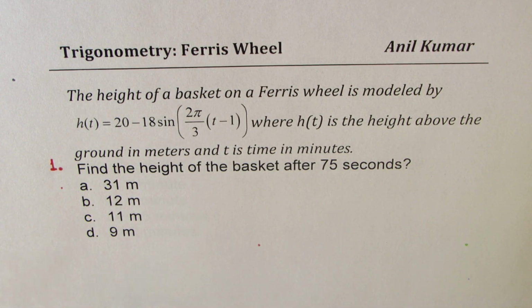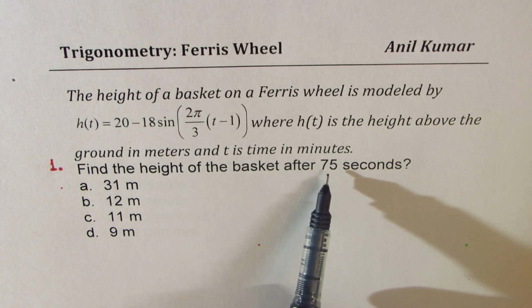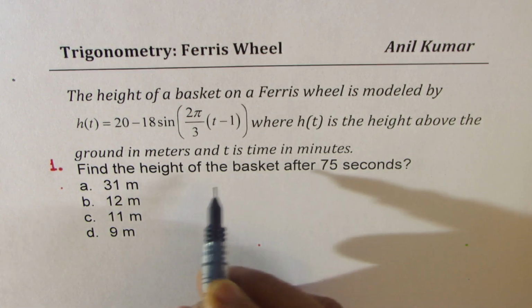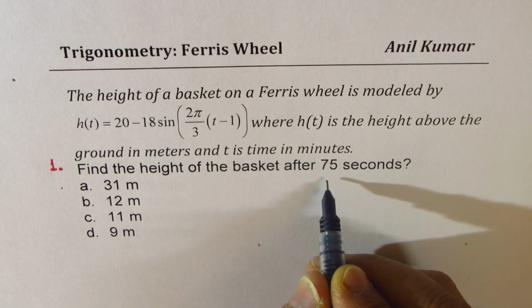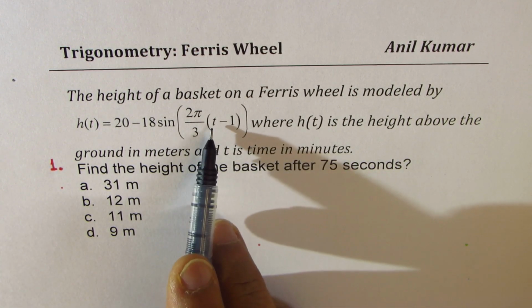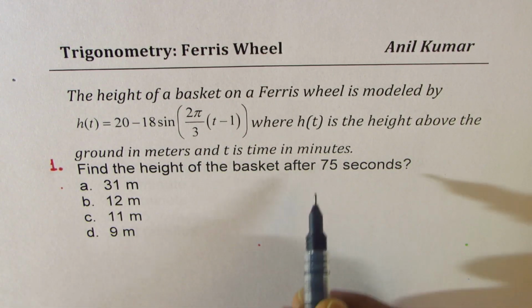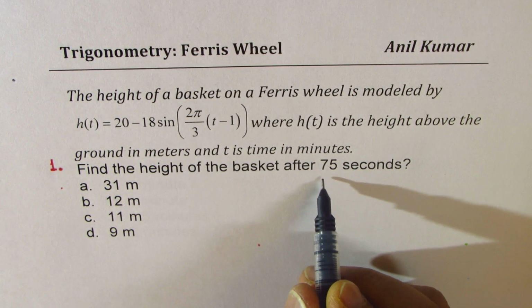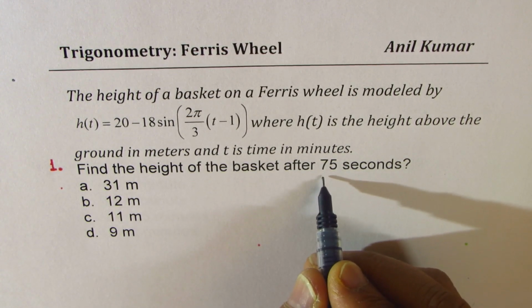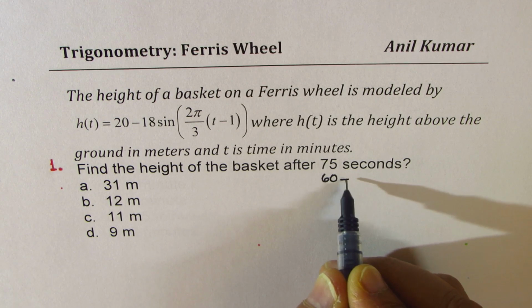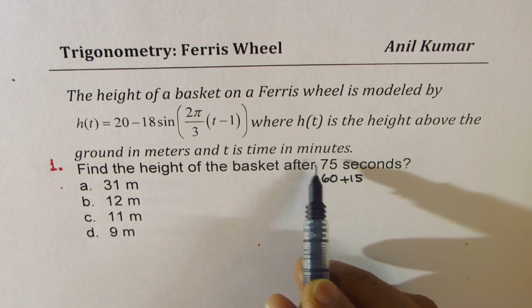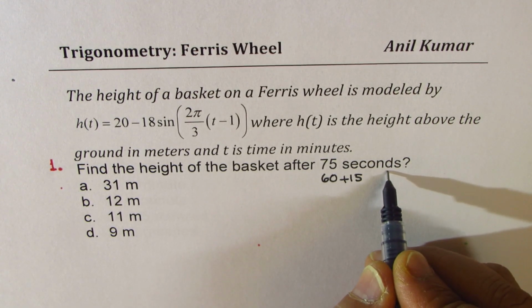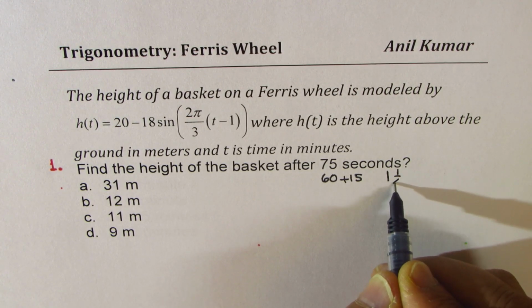The first one is, find the height of the basket after 75 seconds. Now 75 seconds means what? You have to convert to minutes. So 75 seconds is 60 plus 15, or 1 minute and a quarter of a minute.